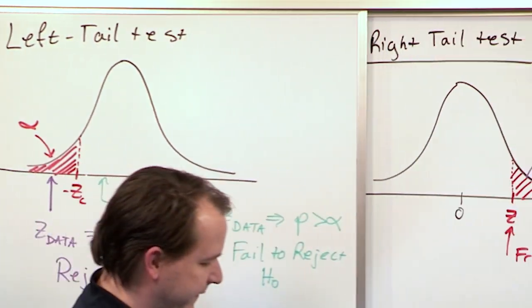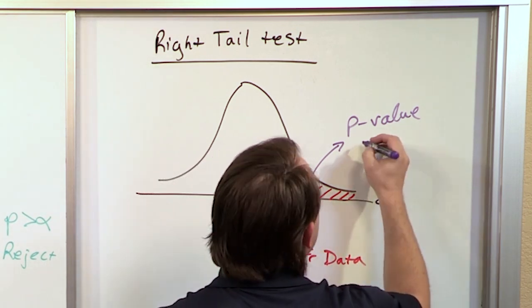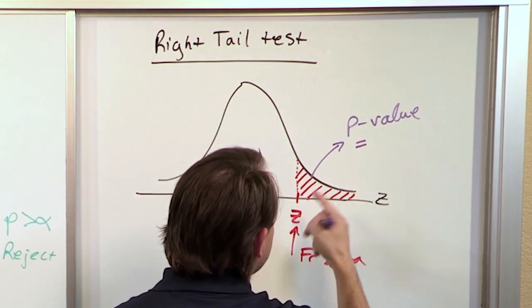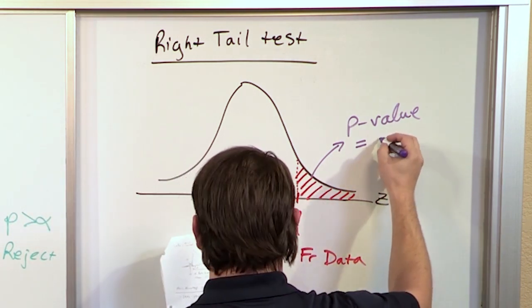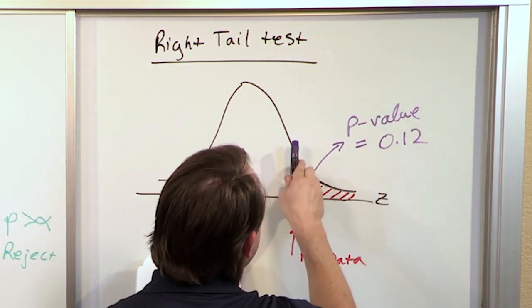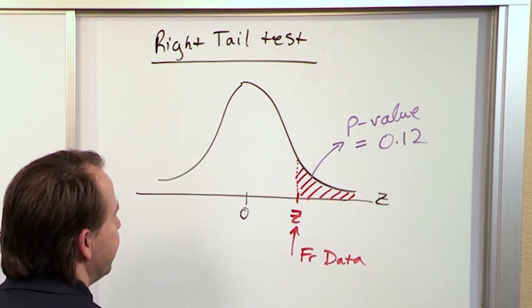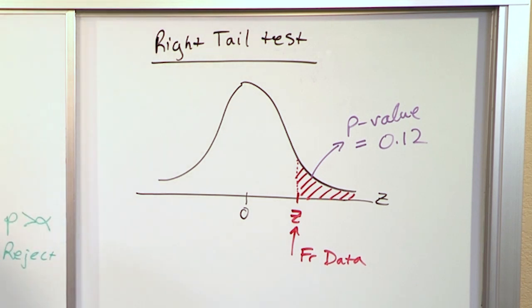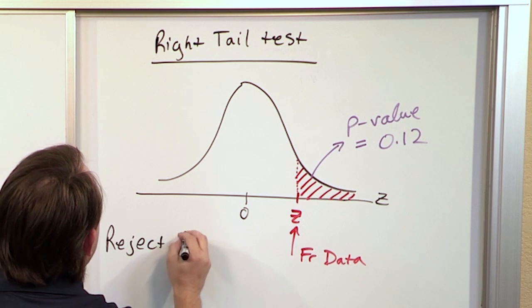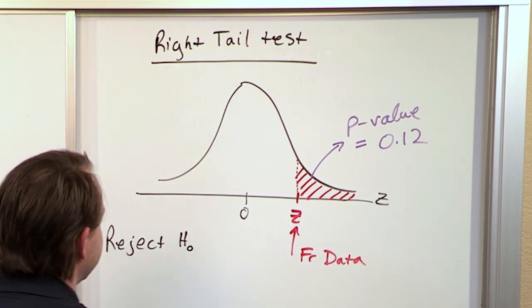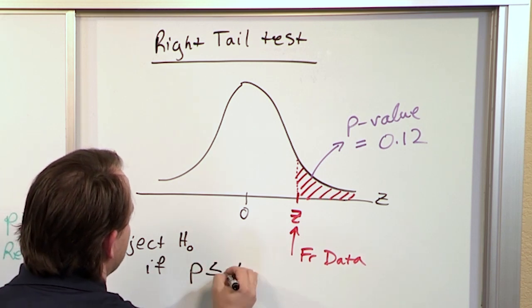So, for instance, let's just pretend this p-value that I get from looking this stuff up in a book or in the table comes out to 0.12. That's the area to the right of my value of z. Let's say that I find that p-value. Okay, I know that I can reject the null hypothesis, which is what I want to do if I want to look good in front of a boardroom, if p is less than or equal to alpha.